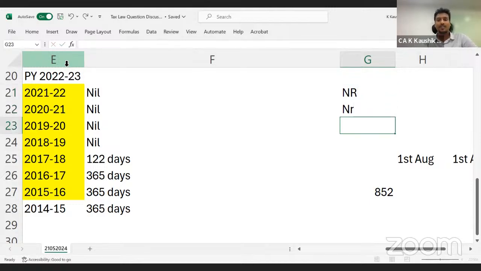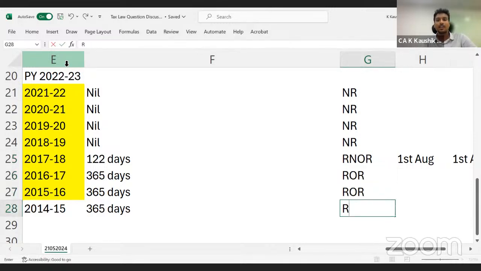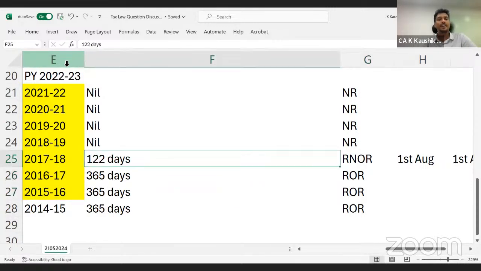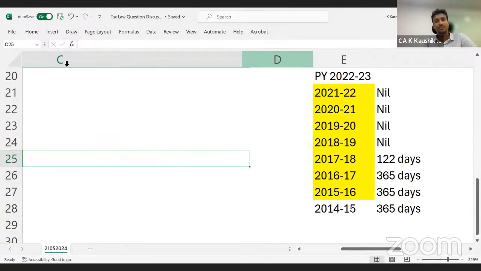Here he has stayed for 60 days and 365 days in the last previous year. So he will become RNOR in this year. Here is ROR. Here is ROR. And here is ROR. That means he is resident, or basically he is satisfying the 2 basic conditions. So thereby we can tell in the last 10 years, for 2 years he is resident, and in the last 7 years he has stayed for 852 days.